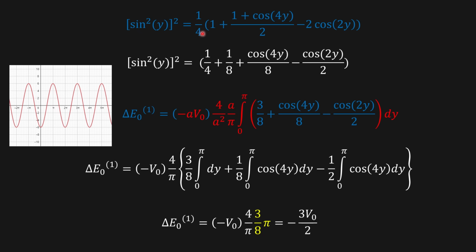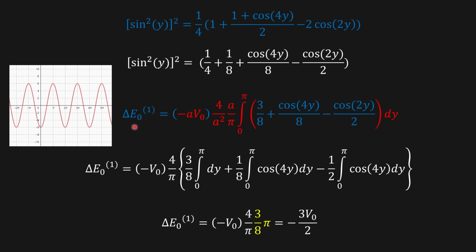Now you bring 1 over 4 inside. So first term will become 1 over 4. Second term 1 over 2 multiplied by 1 over 4, which will be 1 over 8. Then third term is cos 4y over 2, and if you multiply by 1 over 4 you will get over 8. Then the fourth term, if you multiply by 1 over 4, 2 will cancel with this 4, which will become cos 2y over 2.